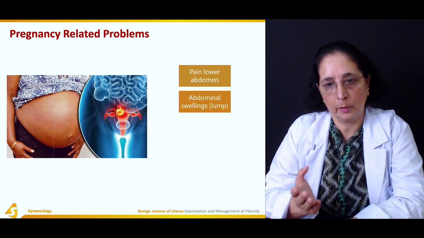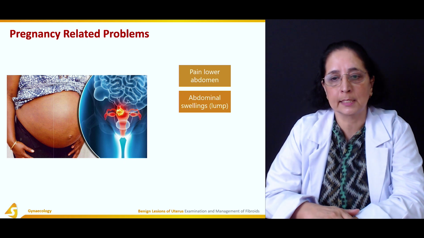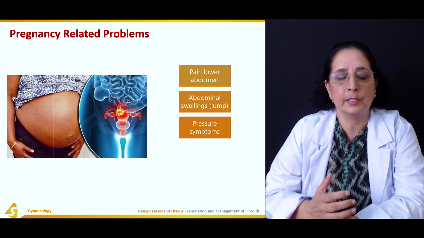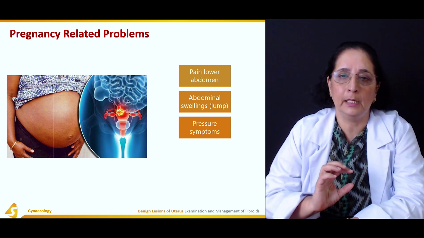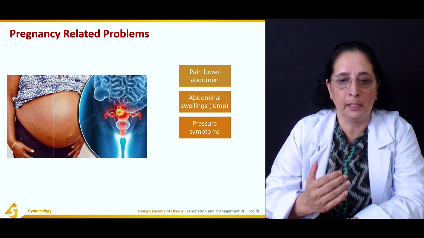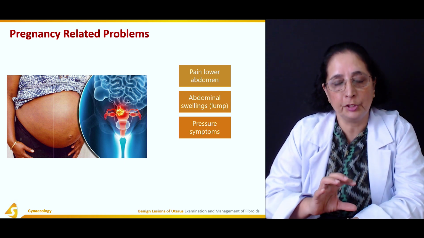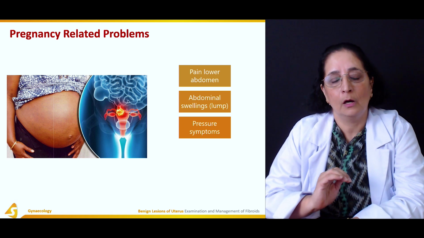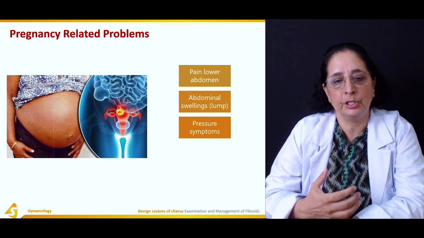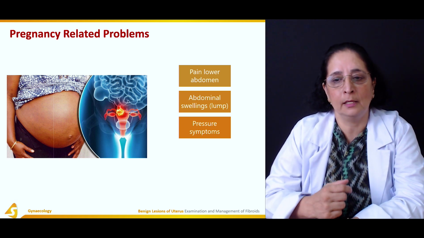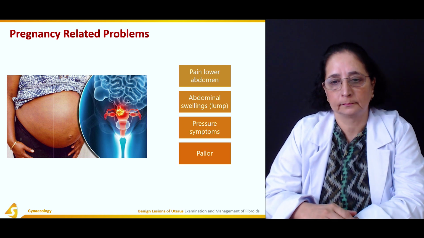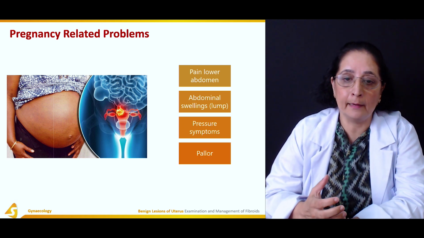There are abdominal swellings or lumps. There are pressure symptoms because of the fibroids. If they are growing, they put pressure on the bladder, on the uterus, and the patient complains of pressure in the abdomen. There is usually pallor.